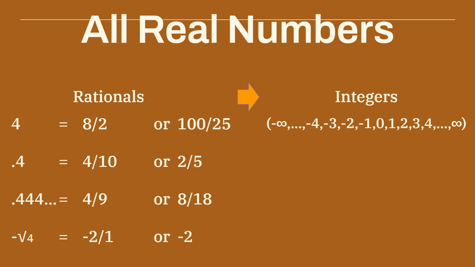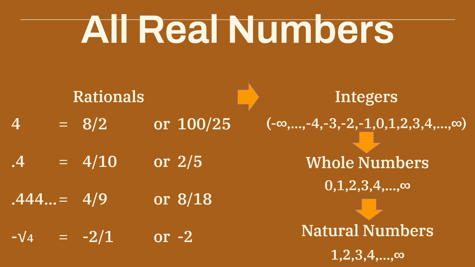Now, if we were to remove all the negative numbers and just use the 0, 1, 2, 3, 4 on to infinity, now we have what we call the whole numbers. Whole numbers are the integers without the negatives. Now, if we stop using the 0 and just use the 1, 2, 3, 4, now we have the natural numbers. Okay, so natural numbers are the whole numbers without 0, whereas the whole numbers are the integers without the negatives.